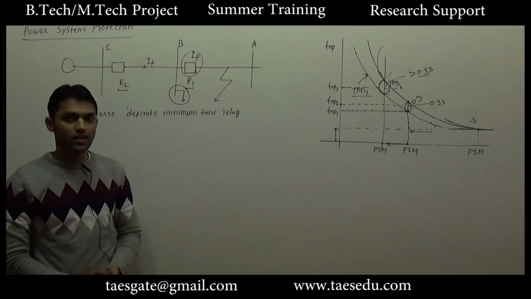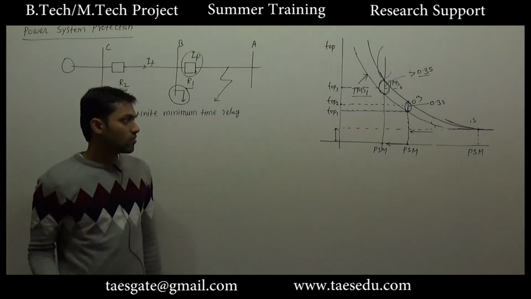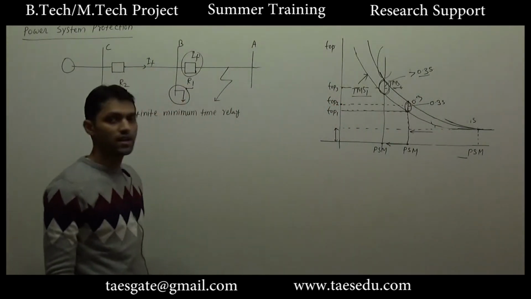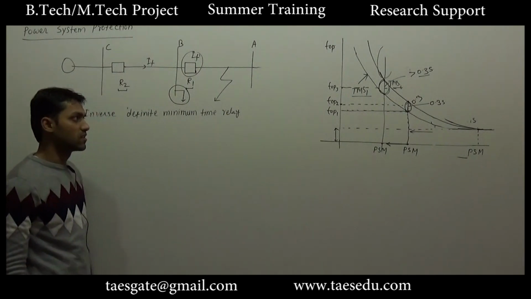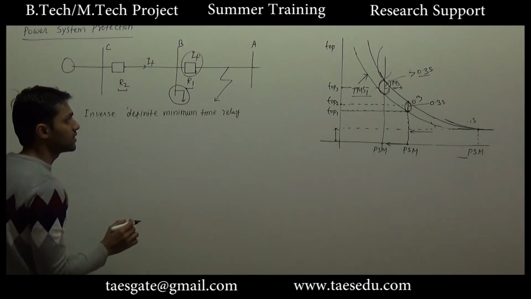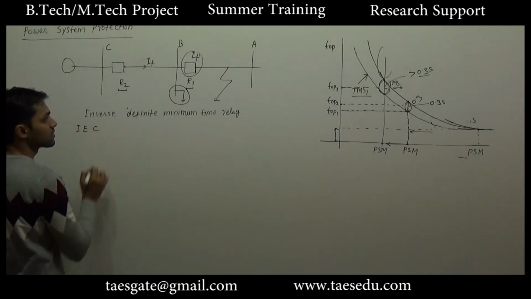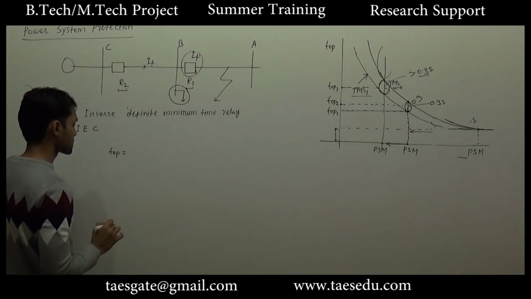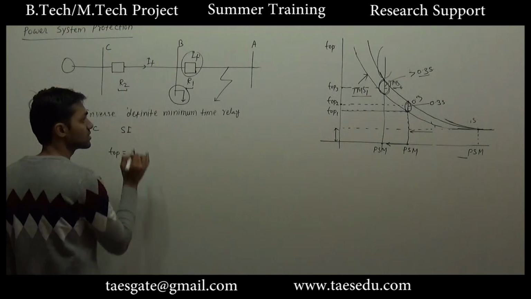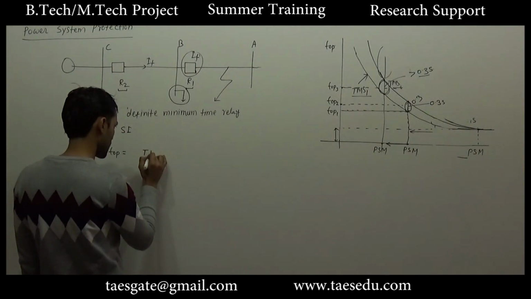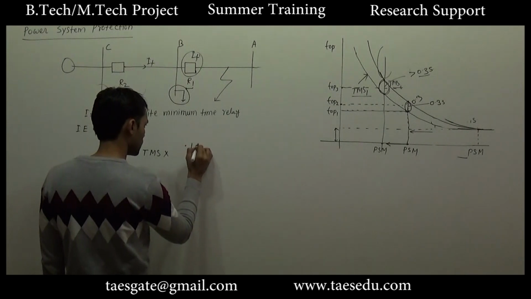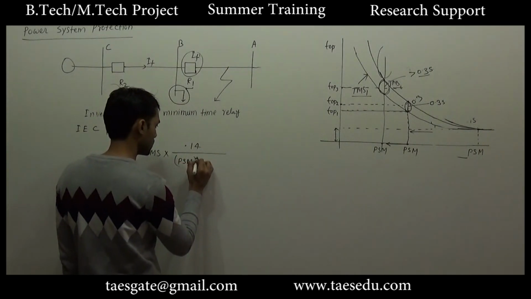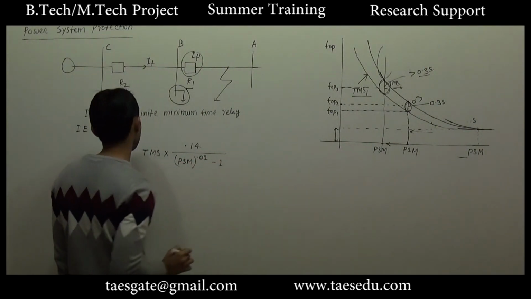Okay, so from the graph we have seen the dependence of time of operation on PSM and TMS, that is plug setting multiplier and time multiplier setting. The formula as per IEC, the formula for inverse relation is the time of operation for standard inverse characteristic is time multiplier setting into 0.14 divided by plug setting multiplier to power 0.02 minus 1.